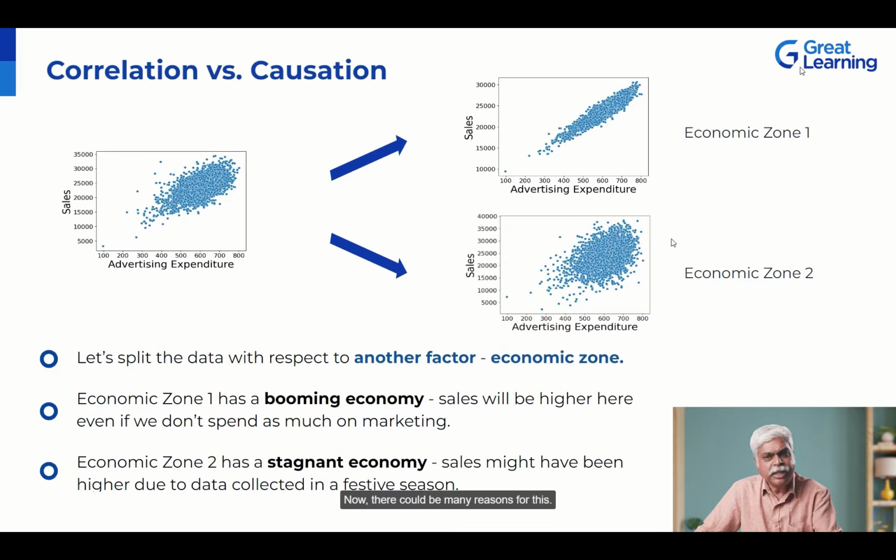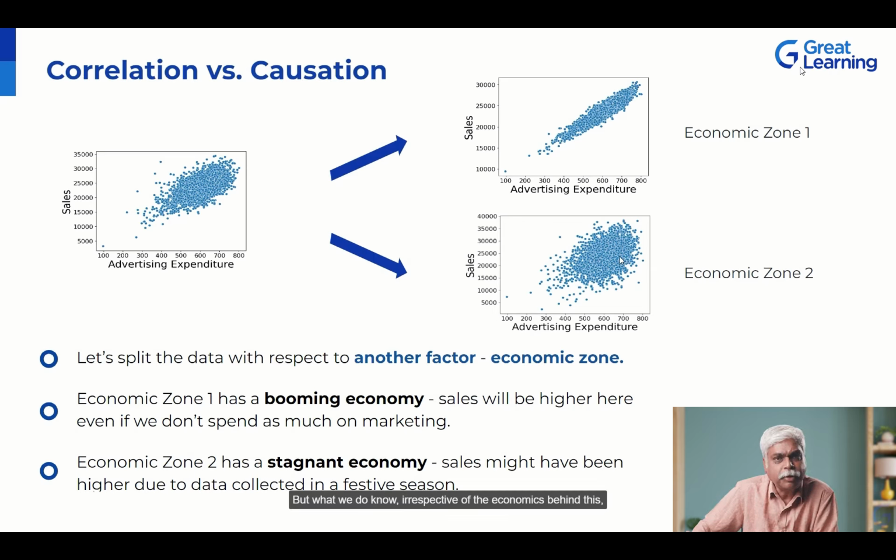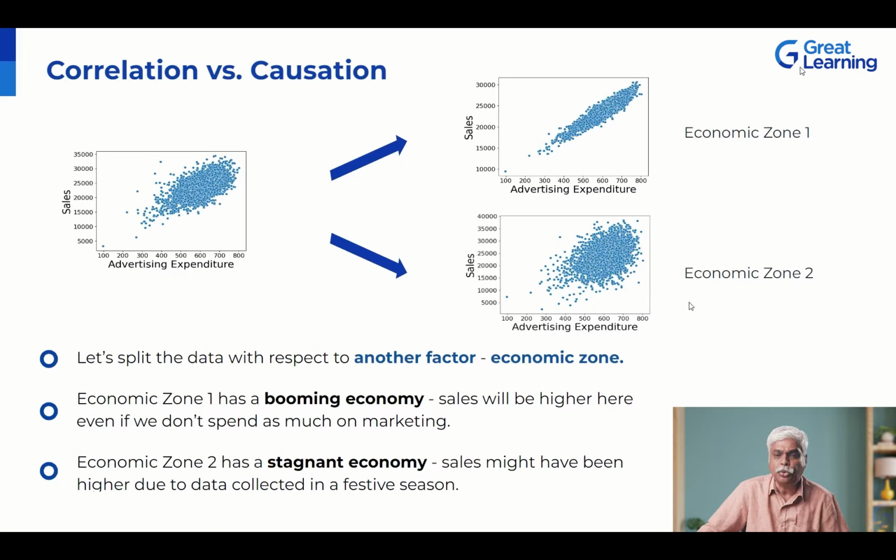Now there could be many reasons for this. Zone 1 could be something in which the economy is doing very well. Zone 2 could be something in which the economy is stagnant, so to speak. But there could be many reasons. But what we do know, irrespective of the economics behind this, from a statistical perspective, is that the correlation is essentially being driven by whatever is happening in zone 1 and not by what is happening in zone 2.